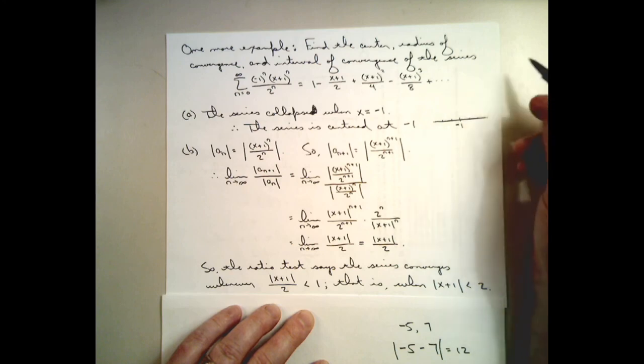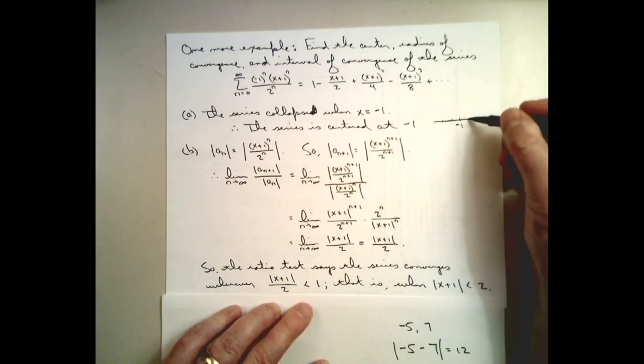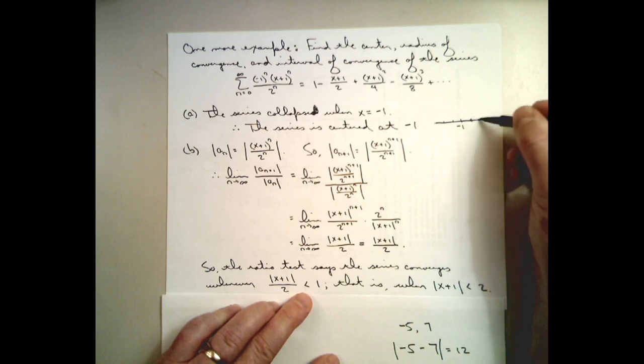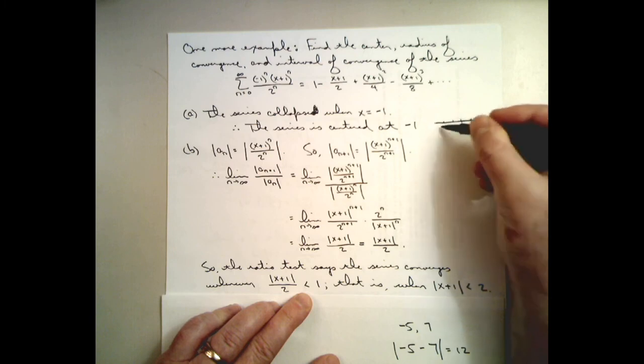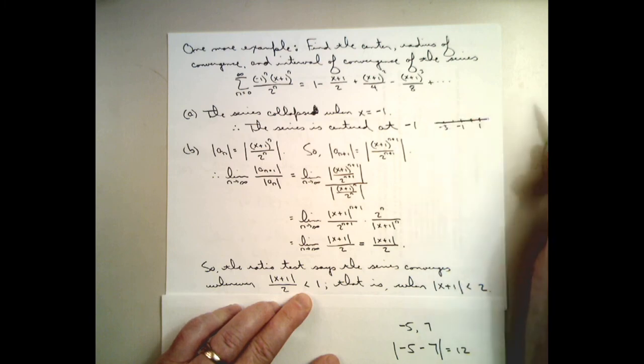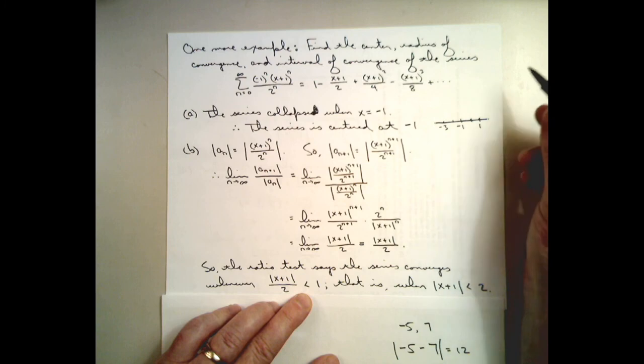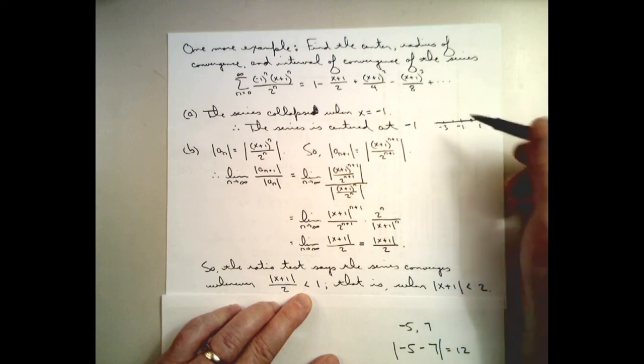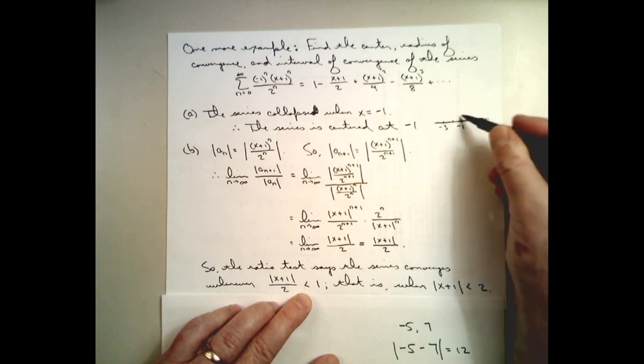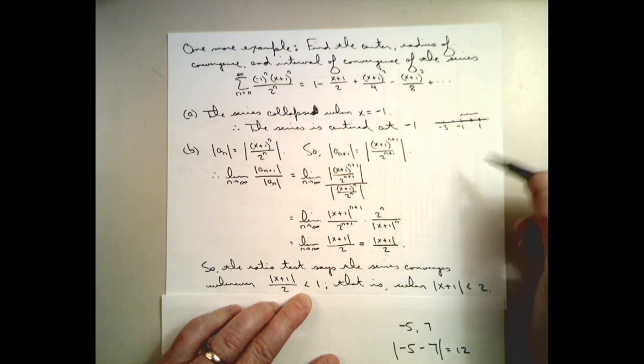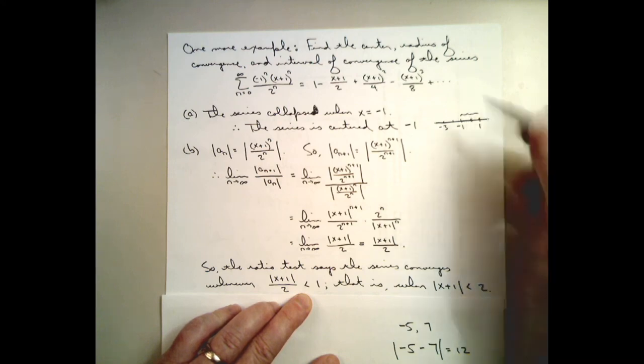And the numbers that are less than 2 units away from -1 are, let's see, here and here. So I know at this point that my radius of convergence is equal to 2.